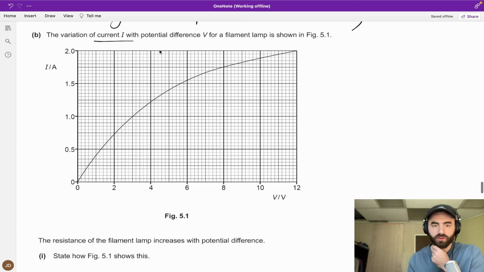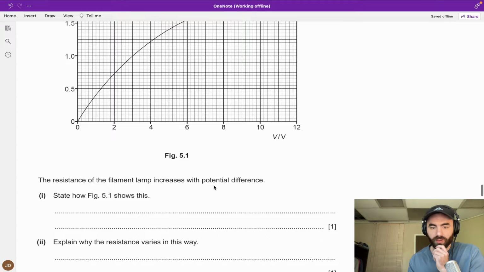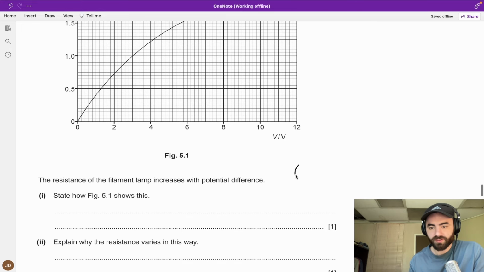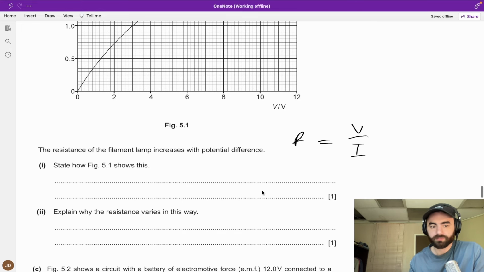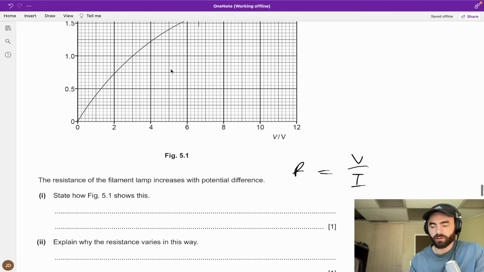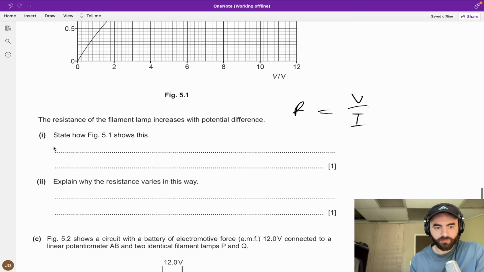So we've got a variation of the current and the potential difference of a filament lamp. The resistance of the filament lamp increases with the potential difference. State why this is. Well, because resistance equals V over I. If we pick a point, this ratio of V over I is increasing.